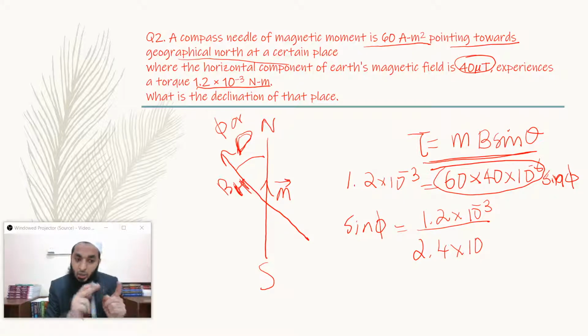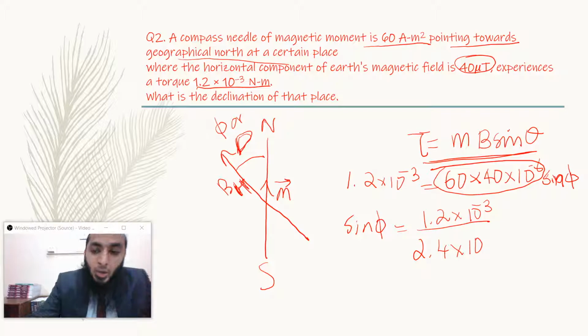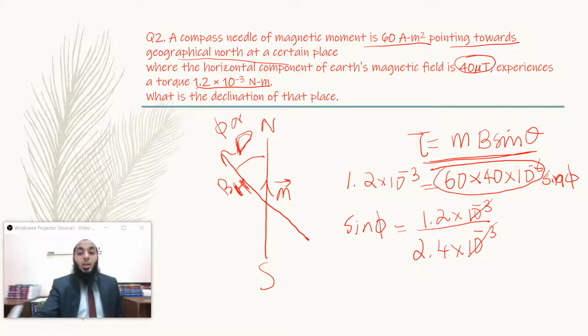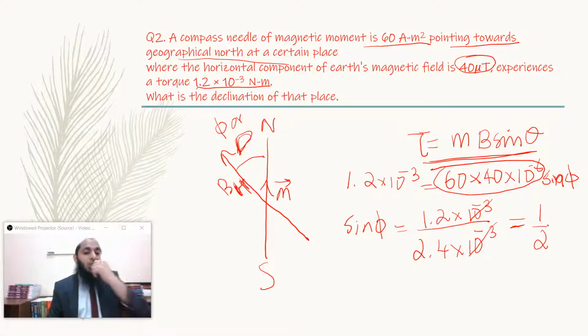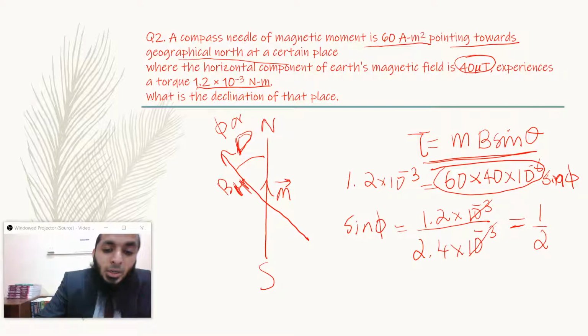So 10 raised to 3 into 10 raised to minus 6 is 10 raised to 3 minus 6, so it will be minus 3. Again, this 10 raised to minus 3 and this 10 raised to minus 3 get cancelled. You will be left with 1.2 divided by 2.4, which is nothing but 1 divided by 2. And we know that when sine phi is 1 by 2, phi is equal to sine inverse of 1 by 2, which is nothing but 30 degree.